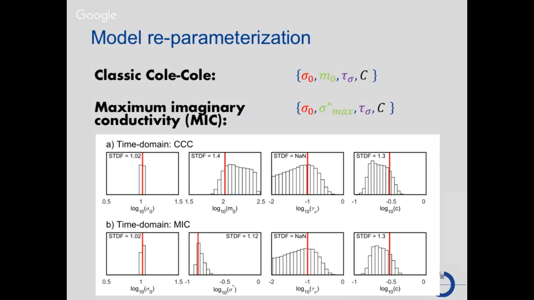My claim is that the imaginary conductivity is by far more exciting if you want to play in a quantitative way with IP inversion, because this sigma second is the imaginary part of the extended Archie's law that you always find in any kind of IP petrophysical equation. So it goes directly where the petrophysical equations are expressed.